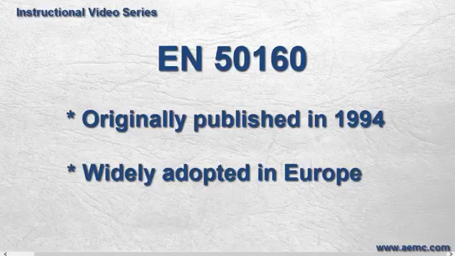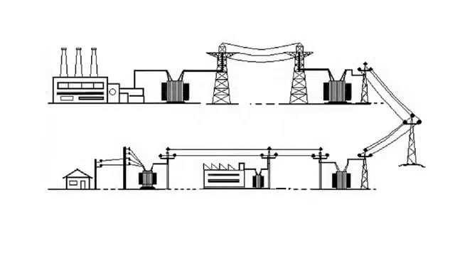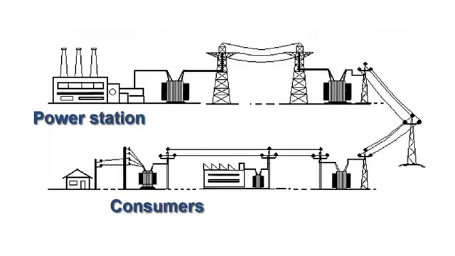To help understand the need for EN 50160, consider the nature of power sources. Simply put, a lot can happen to electricity on its way from the power station to the supply terminals.